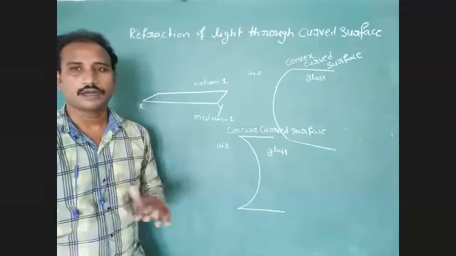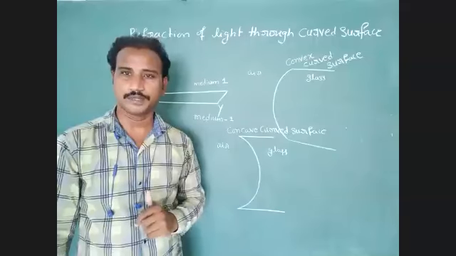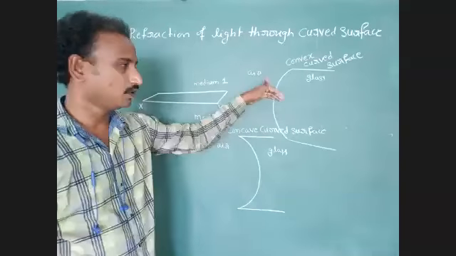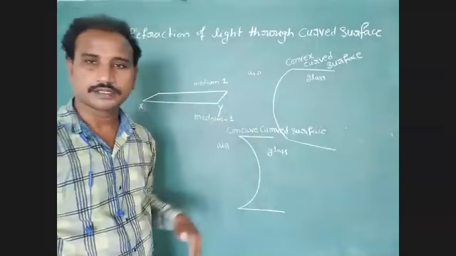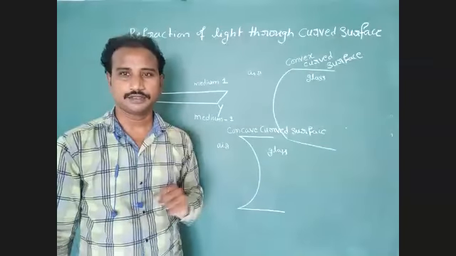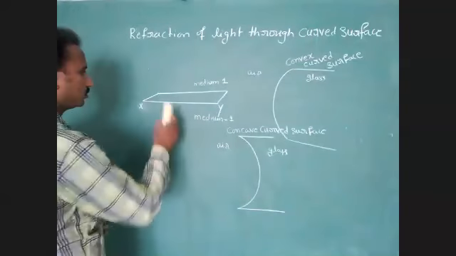Understood? Now we have to discuss refraction through curved surfaces. How many curved surfaces are there? Two: one is the convex curved surface, another is the concave curved surface. Now first we discuss refraction through a curved surface.